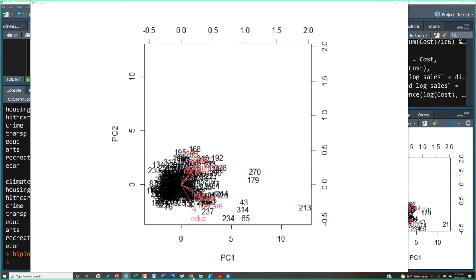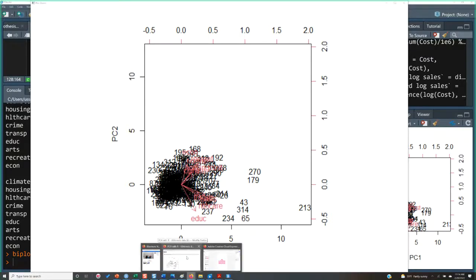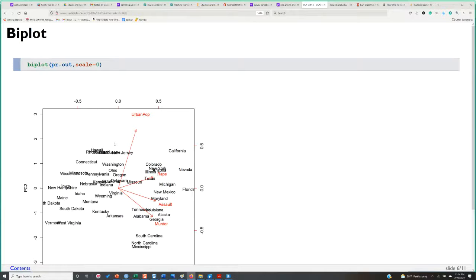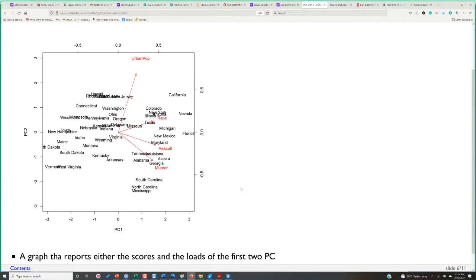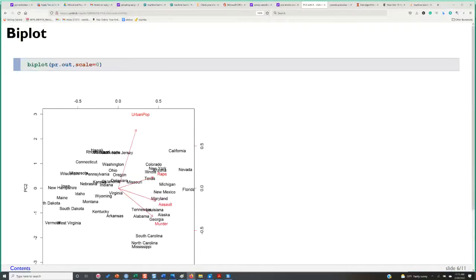That's very interesting. That happens here also. Urban population here -0.5, here also -0.5 to 0.5. PC1 is direction 0 to 3. I'd like to look into that one also. Let me get back to you on this one.